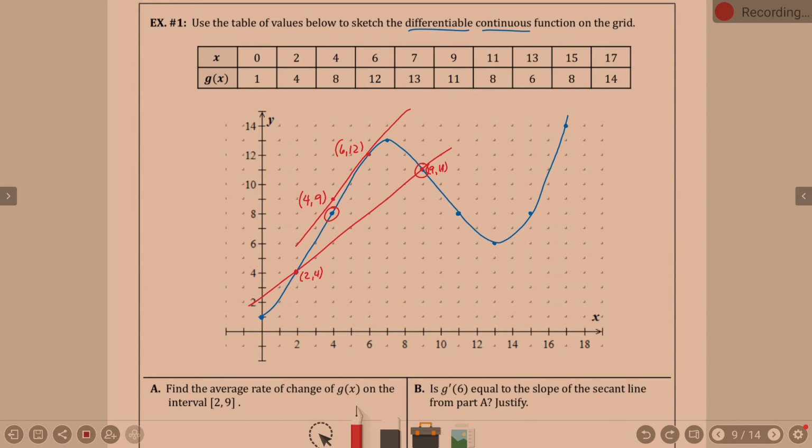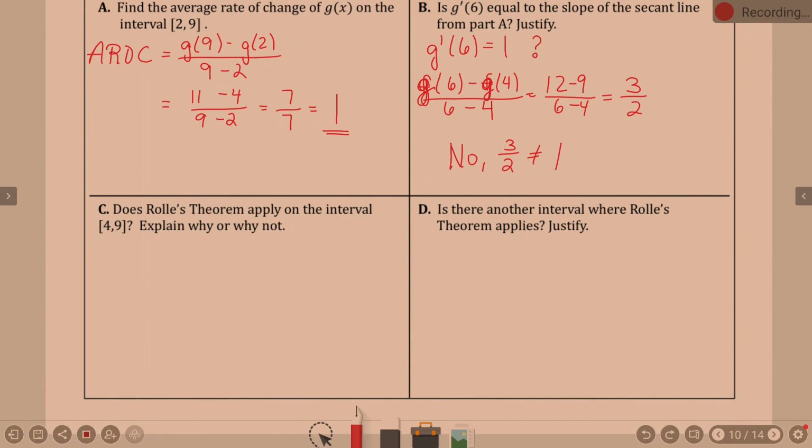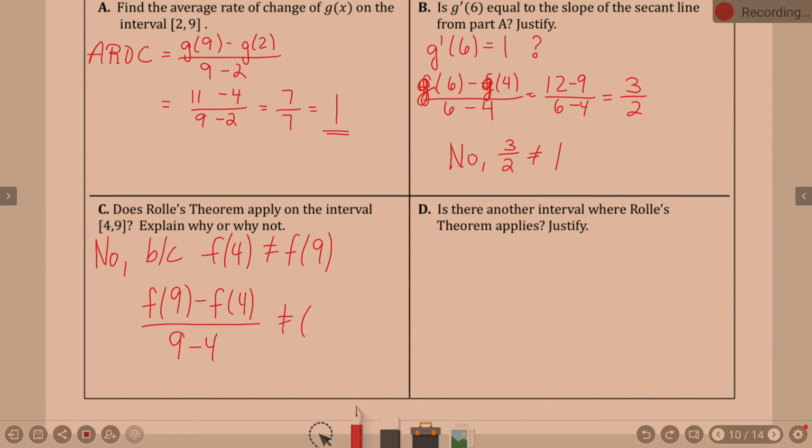And so we can say no, because g of 4 does not equal g of 9, and thus the slope of the secant line would not be 0. Officially, g of 9 minus g of 4 over 9 minus 4 would not equal 0. Okay? Those types of justifications on a free response problem are good.